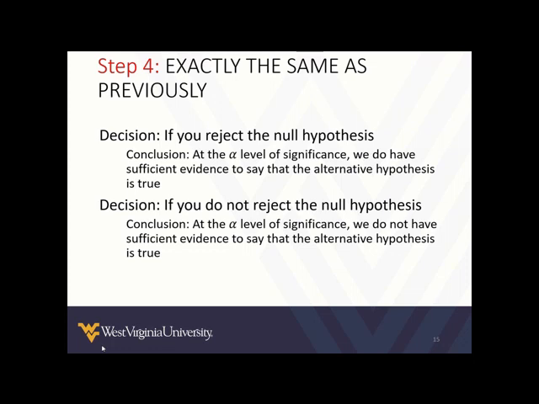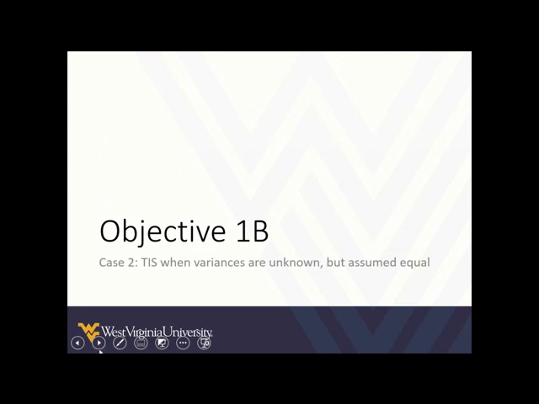And remember, our alternative hypothesis is talking about 2 population means. So you might be saying phrases like we do have sufficient evidence to say that the population mean average heart rate for males is greater than the population mean heart rate for females, something like that.